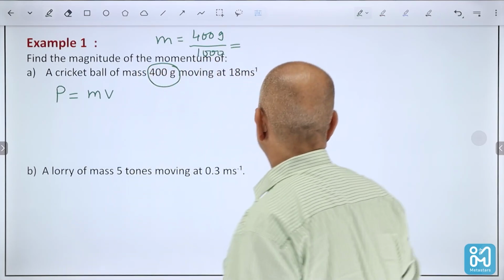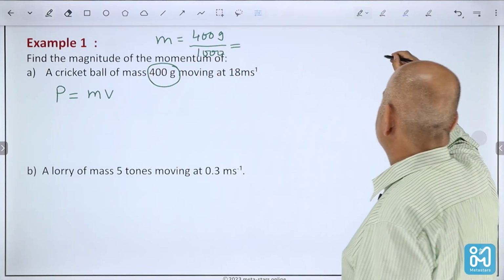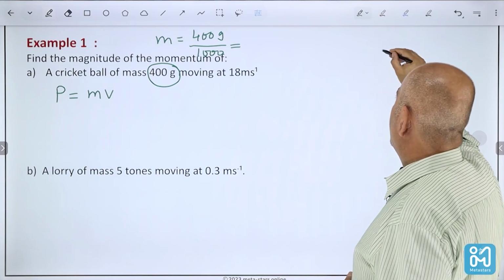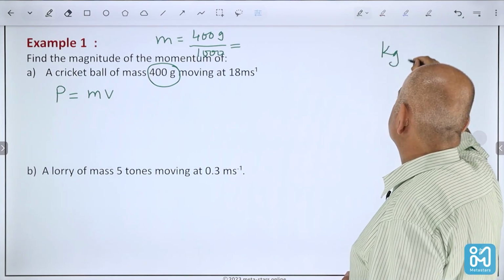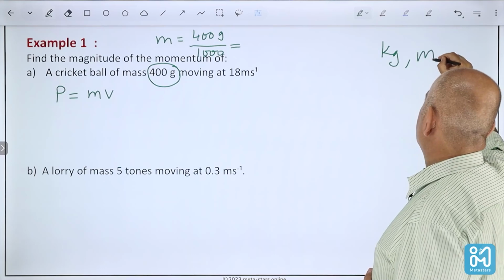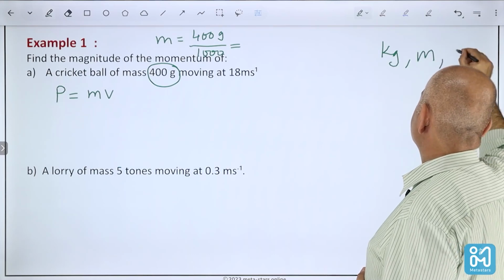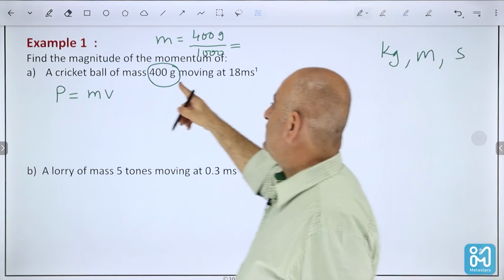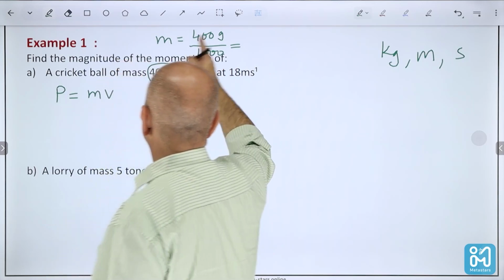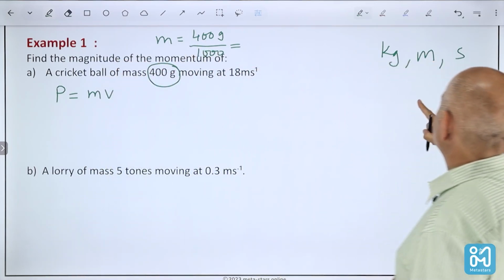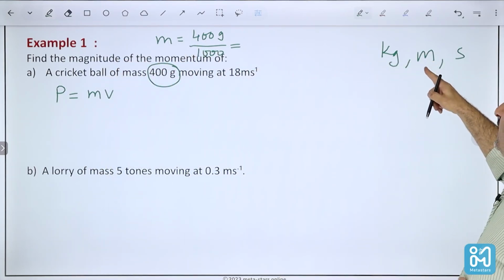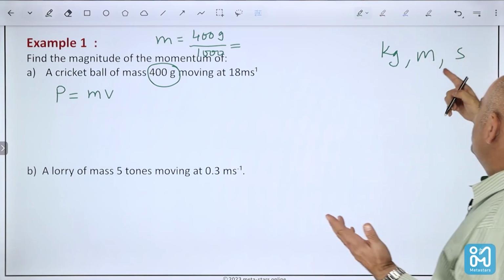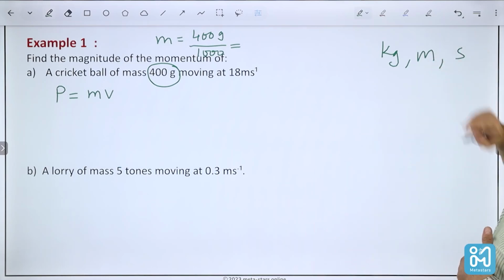Because the SI units, the international standard units used, are kilogram for mass, meter for length or distance, and seconds for time. Whenever you see mass given in grams, you have to turn it to kilograms. Whenever you see distance given in centimeters, millimeters, or kilometers, you have to turn them to meters.